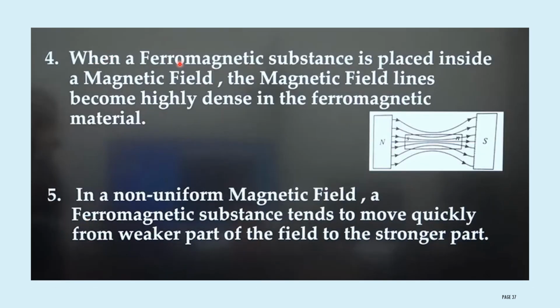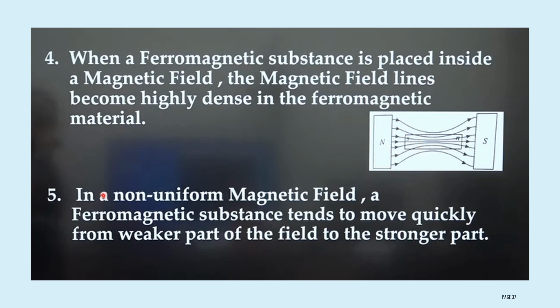Fourth property, when a ferromagnetic substance is placed inside a magnetic field, the magnetic field lines become highly dense in the ferromagnetic material. Because of the strong field inside, you can observe the magnetic field lines become more dense.